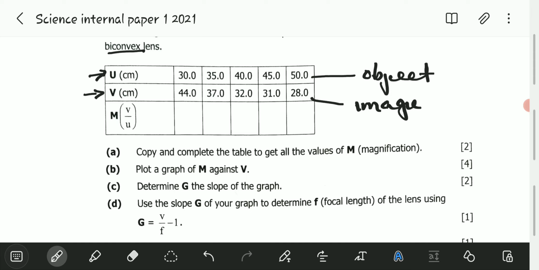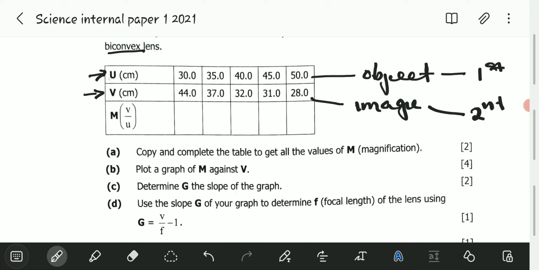The simple fact is that in most cases in science, we follow a pattern of what comes first and what comes last. For you to have an image, you need to have an object first. So the object comes first, while the image comes second.